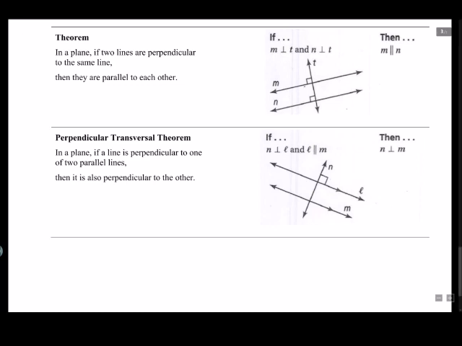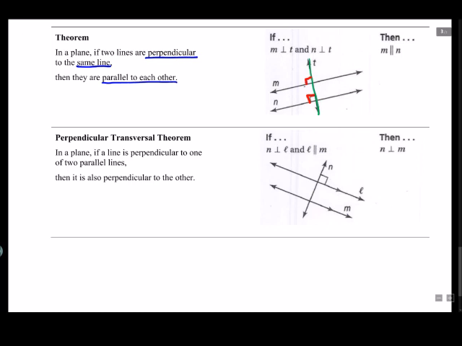These are some very specific theorems. These are for perpendicular and parallel lines, so some special cases. This says if two lines are perpendicular to the same line, so we have our transversal here, and we see that line M is perpendicular to line T and line N is perpendicular to line T, then they are parallel to each other.